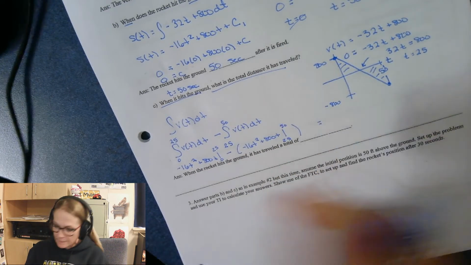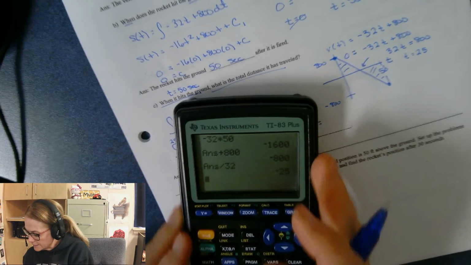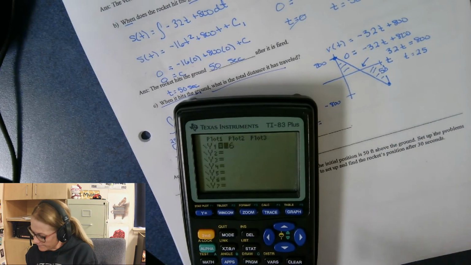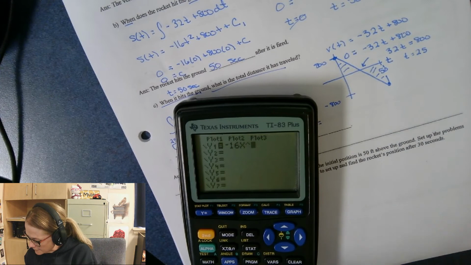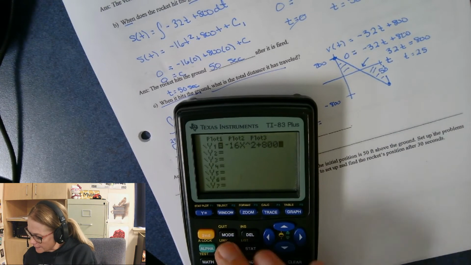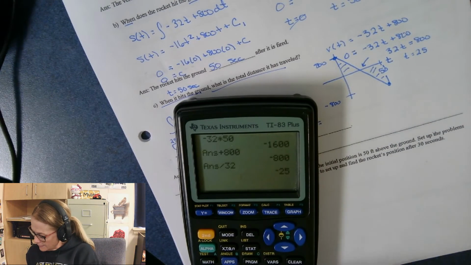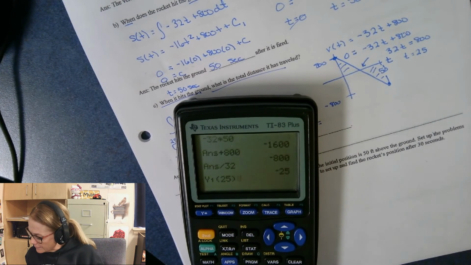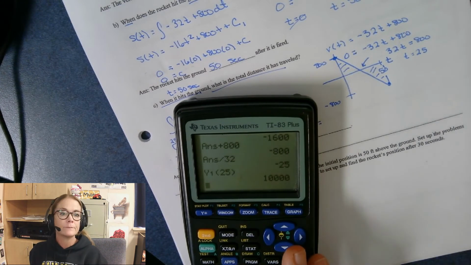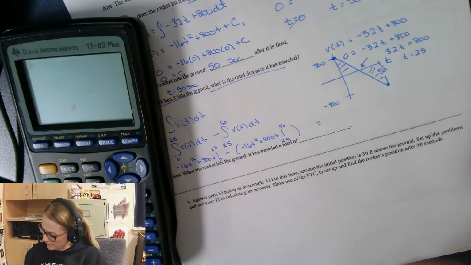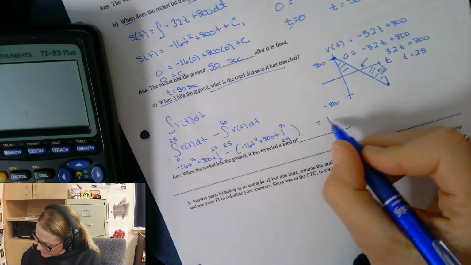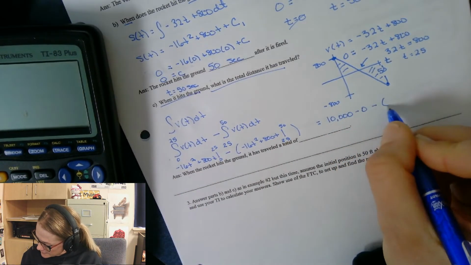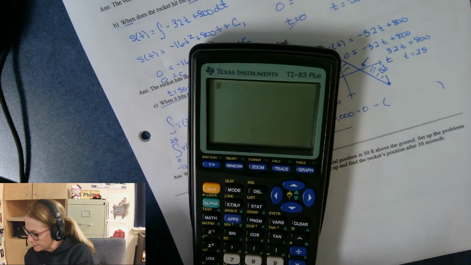All right, so let's do this. Let's go ahead and put negative 16x squared plus 800x there. Okay, and 25, we're going to get 10,000. All right, so this first is 10,000 minus 0, minus, okay, let's put 50 in there.